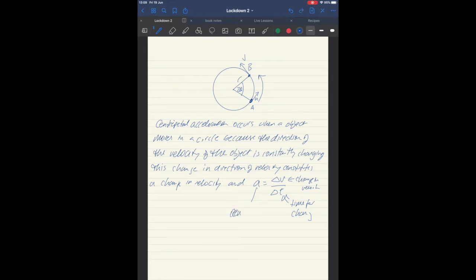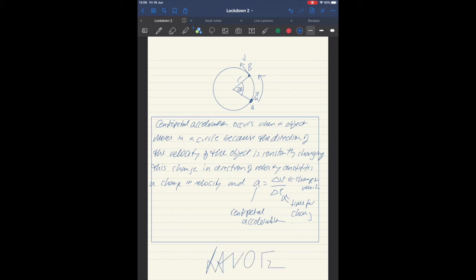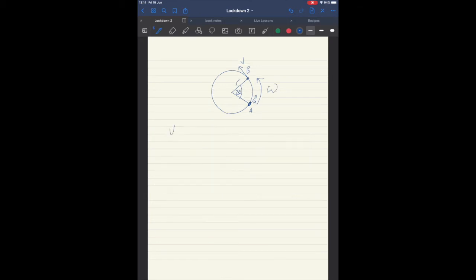That a there is centripetal acceleration, sometimes called central acceleration, sometimes called radial acceleration, just to confuse you. I like centripetal because it's just fun to say, and I think it's the more common use of the word. But you need to know that there's a centripetal acceleration because the direction of the velocity is changing.